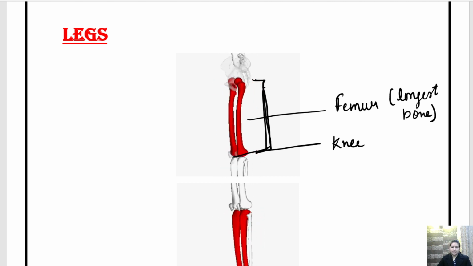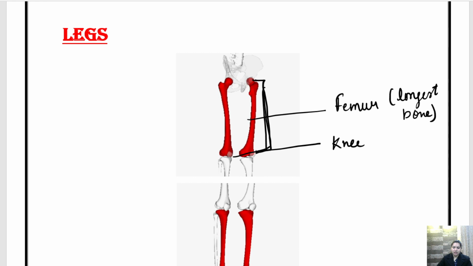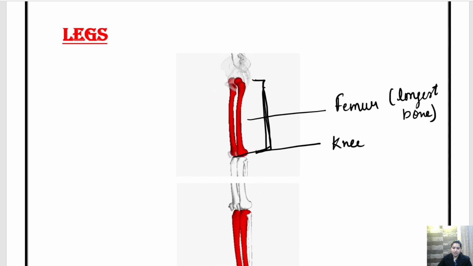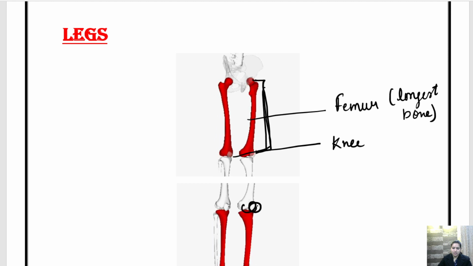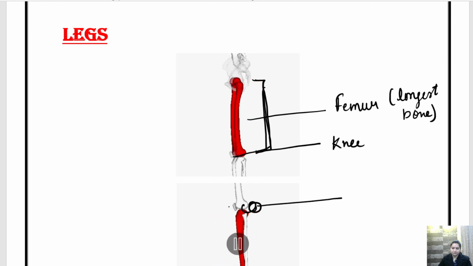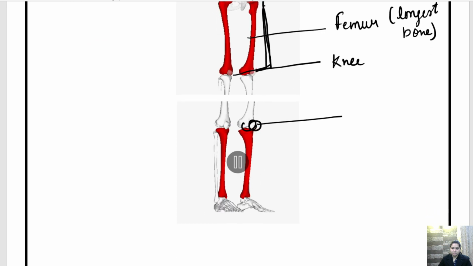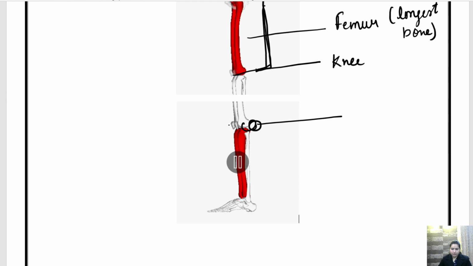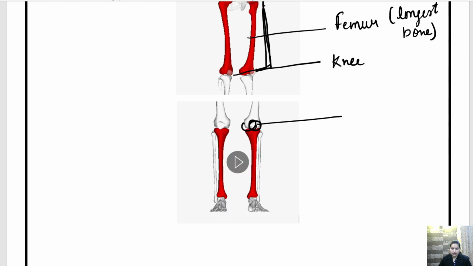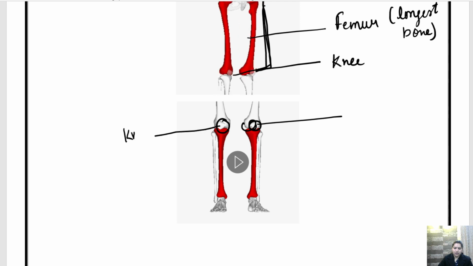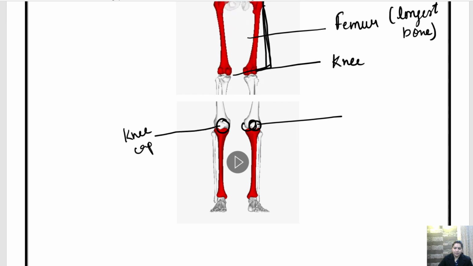Okay, and then we have the knee. In this diagram, in the center, you can see the knee cap. This is called knee cap.